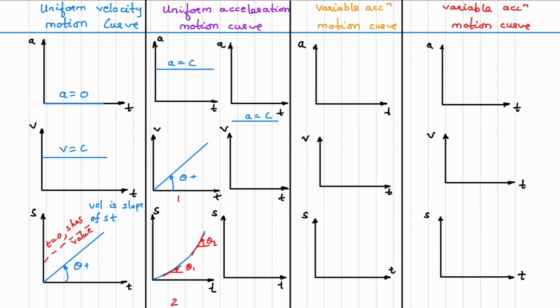Acceleration is constant. dV by dt is what? Acceleration. Okay, so slope of VT curve is acceleration. Now acceleration is constant, so slope will be constant, and acceleration is negative, so slope should be negative. So that is why we will draw line like this. Okay, and this slope will be negative. Here you can see this theta will be negative.